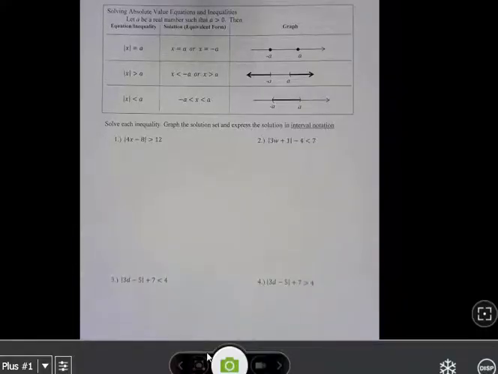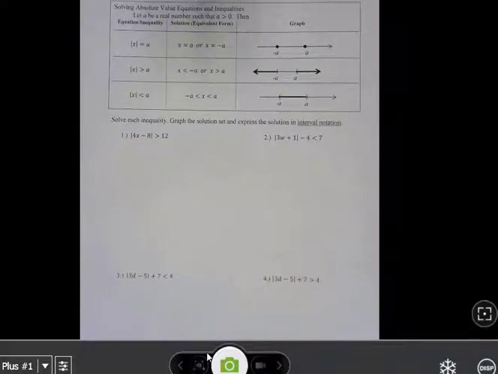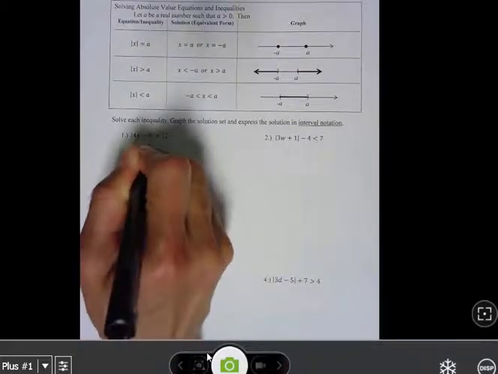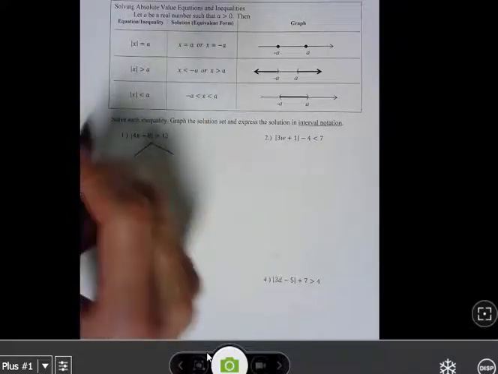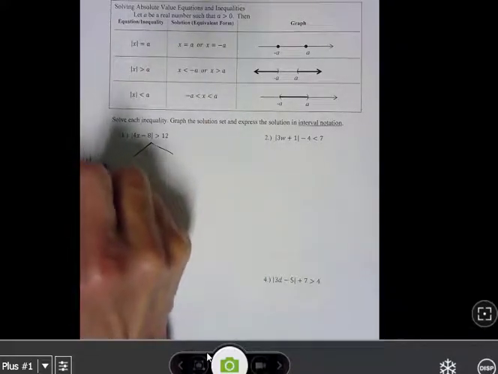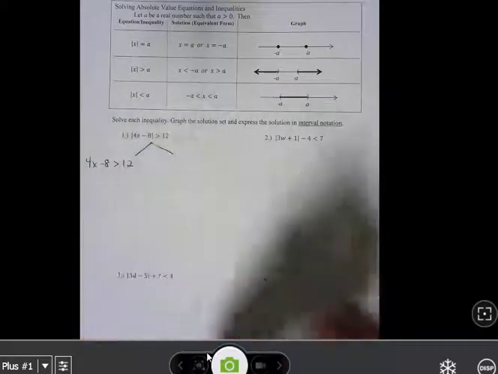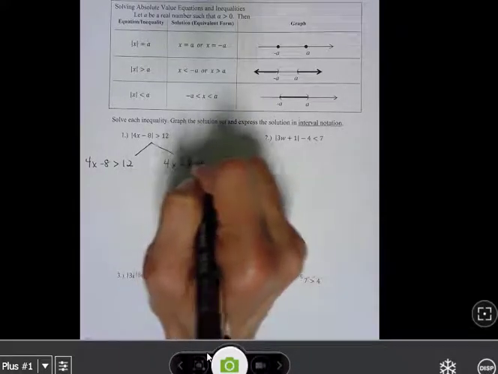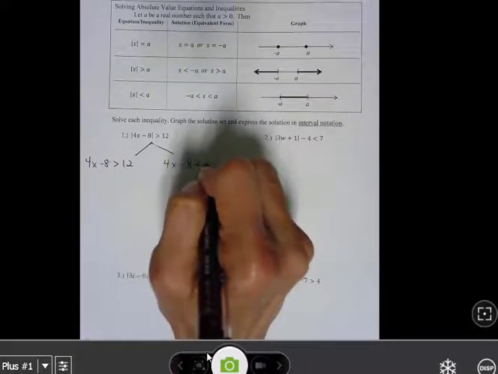If we take a look at that first example, the absolute value of 4x minus 8 is greater than 12, so that you can have a consistent method for solving all of these, we can break it into two separate problems. We are considering that either 4x minus 8 is greater than 12, or 4x minus 8 is less than -12.